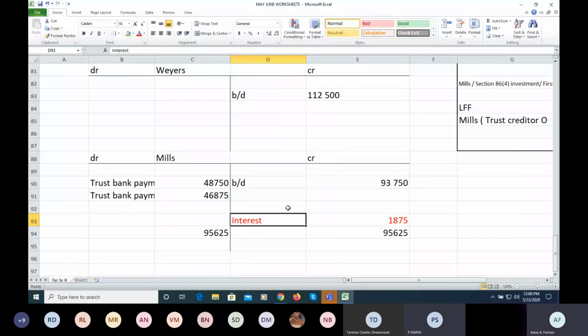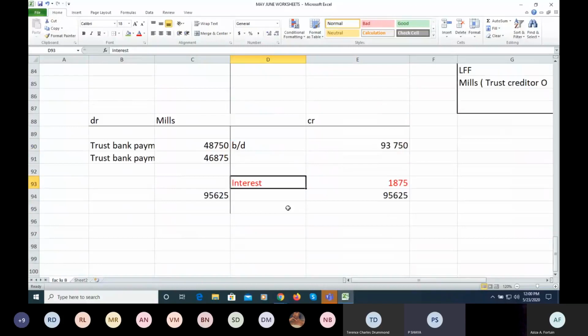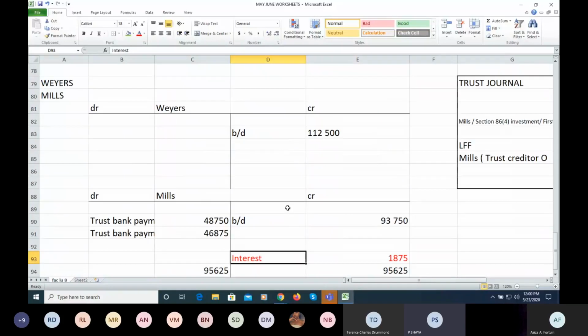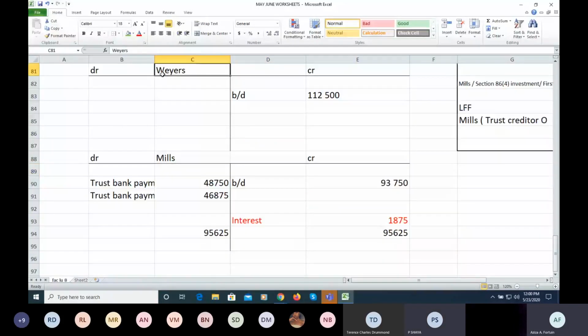Okay, so we do the same for VS as well, because I had done it in the opposite manner where I said balance brought down 112,500, and then he requested for 58,000 to be invested. So I put that on the debit side. So that is wrong then. What did you just explain to me? Are you busy with VS or MOs now? For both of them, I did the same thing, but I see you didn't do that.